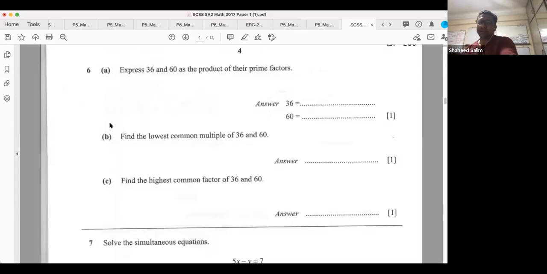They want you to do prime factorization of 36 and 60. So you are supposed to write prime factorization here. Just one word. Ryan, can you remember this one? Okay, so you write down 36 now.